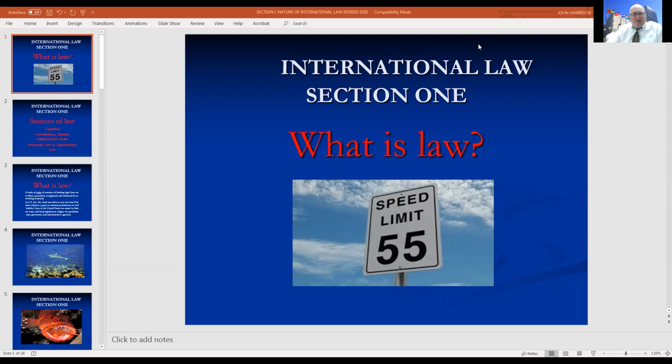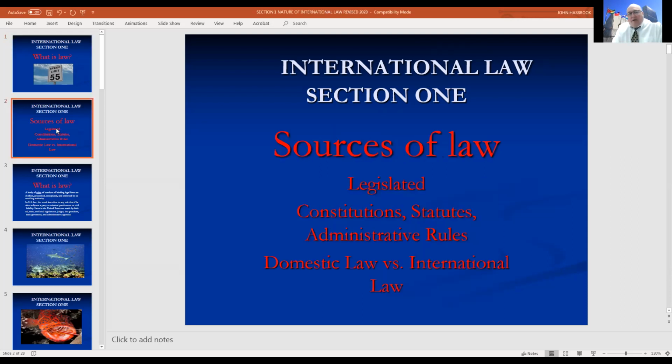Well, what I've described is really what we would call domestic law. One of the first basic concepts to break things down is domestic law versus international law. Domestic law, when I use that phrase, I'm referring to the internal law of a country, the internal law of a state.